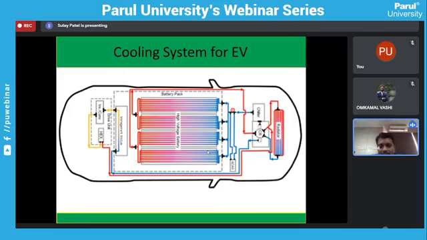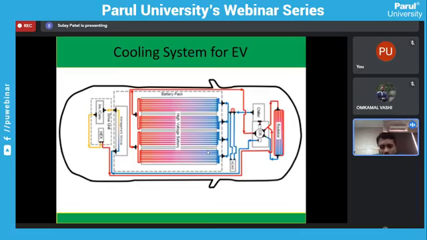The controller might also be heated. And if we supply this very high power to the electric motor, then the electric motor might get heated.